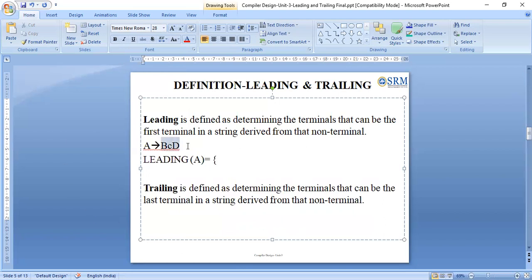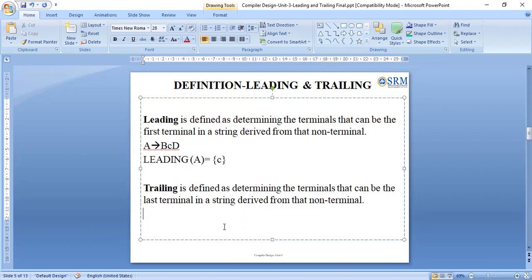This is a string production. From left to right, which is the first terminal symbol? C. This is the first terminal symbol, so that becomes the leading of A.